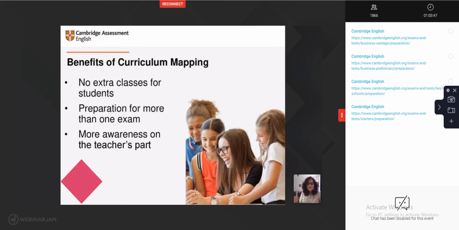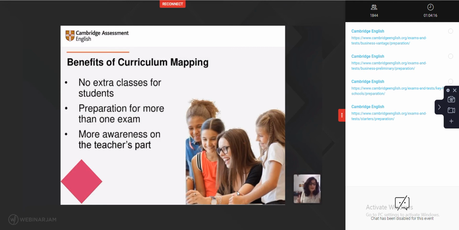And in fact, curriculum mapping is something that enables the teacher to bring aspects of the international test into the existing curriculum and plan her sessions in a way which serves a dual purpose. More than that, I will say that for teachers, it is also a part of their awareness building.